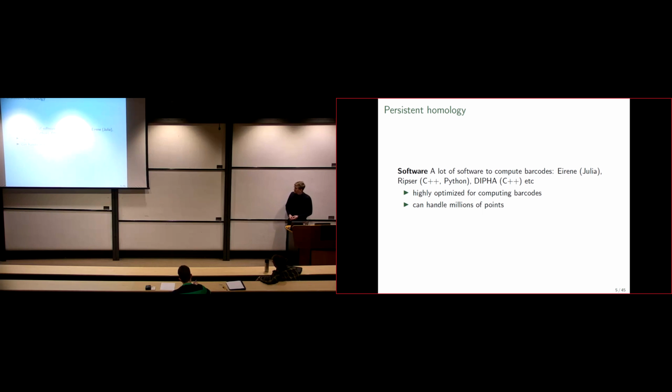Computing barcodes is essentially just Gaussian elimination of a special class of matrices, and you can use a bunch of different optimizations to compute this. The software packages all implement some variant of a set of optimizations. And current software can handle millions of points, so a fair amount of points.